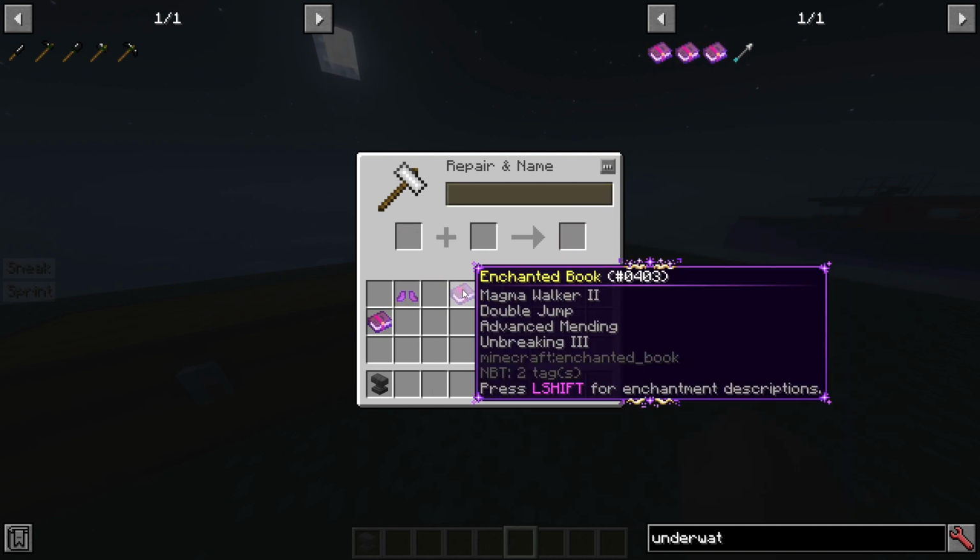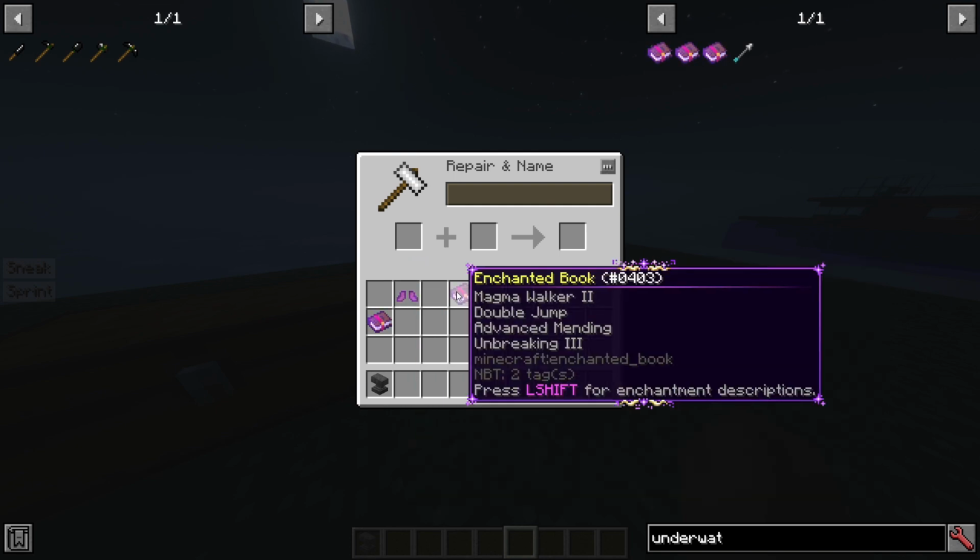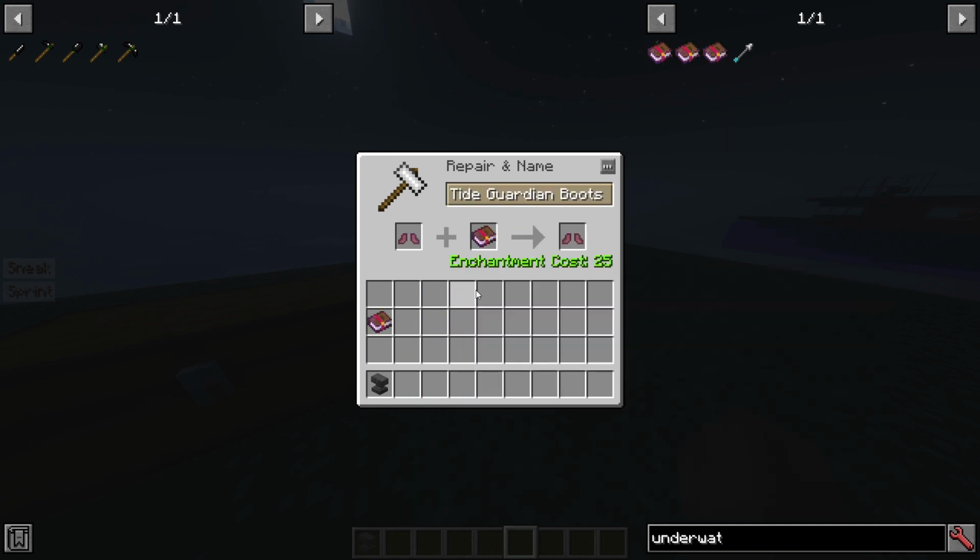How much is this going to cost? 8, 4, 4, 3, so 12, 16, 19, and then 3 for the Anvil use cost of each, so 25.